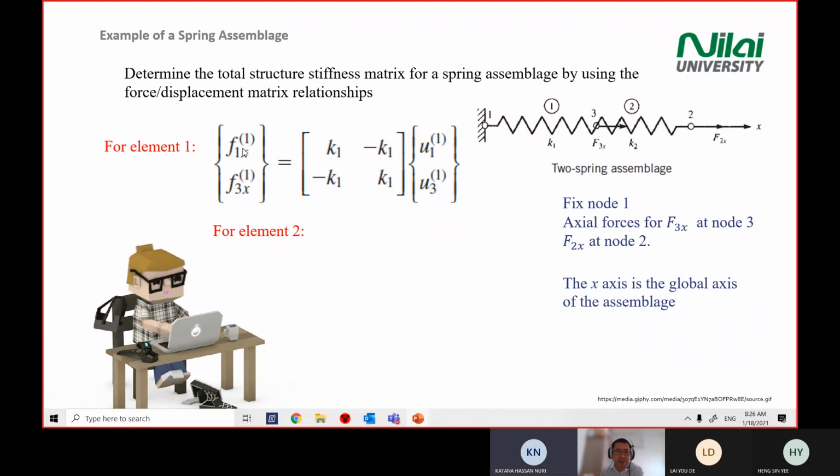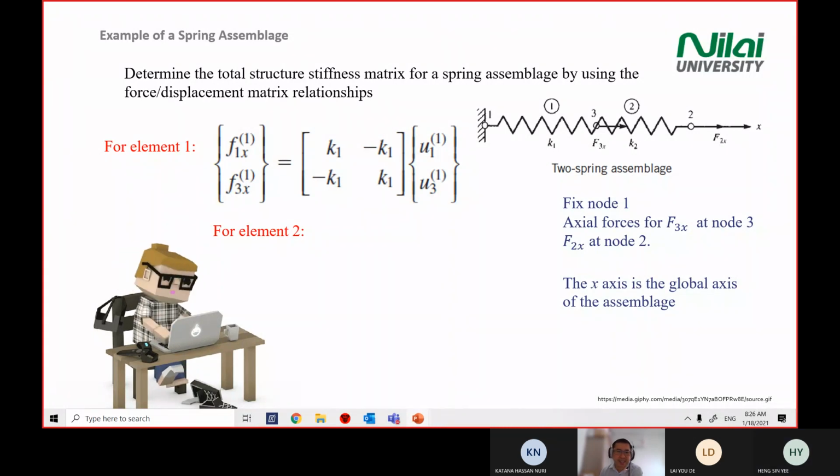Then followed by, for point number 2, what do you write? Then F2x, and then 2. Correct. Okay, for your answer, this one. Singi and Lai, do you have any question on Katana's answer? No. Okay, good.